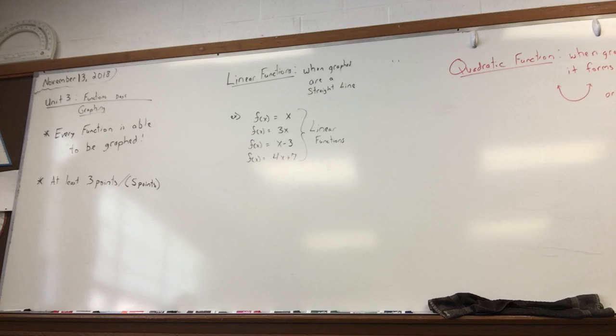Okay? Quadratic functions will either be a U when graphed or an umbrella. They will not be a V. That's important. Quadratic functions will not make a V. It's a U. A U is a different shape than a V.